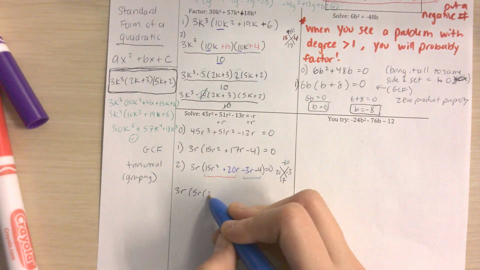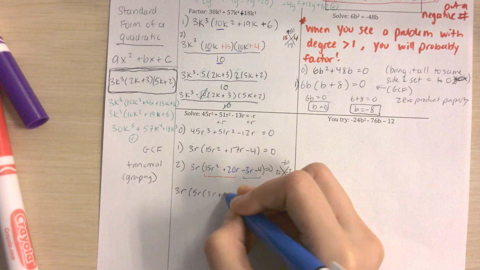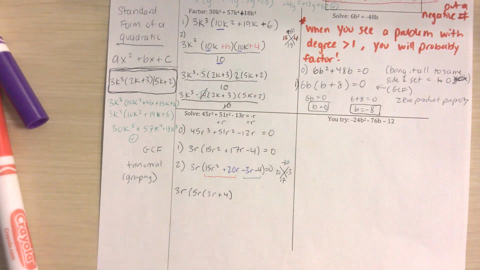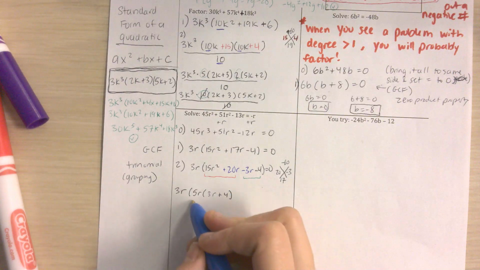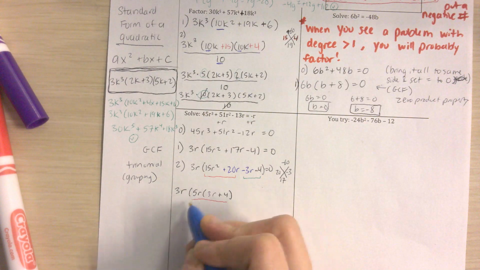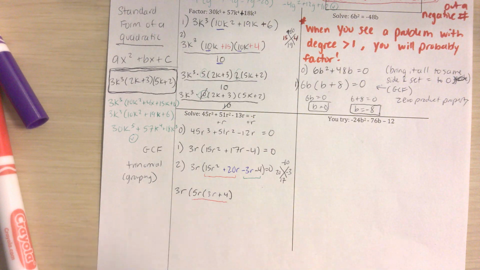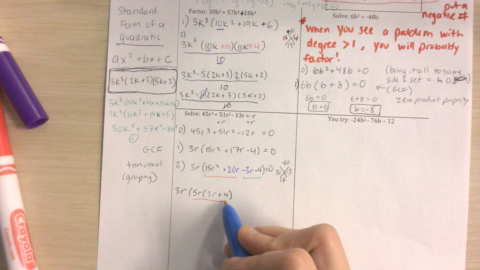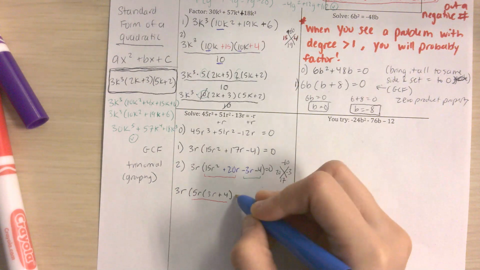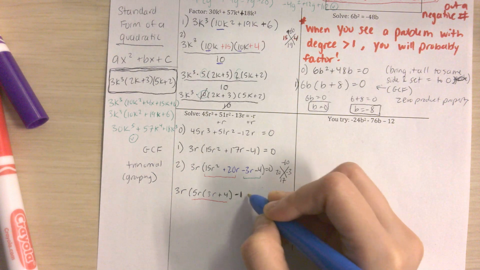We have 3r plus 4, right? All this looks super messy, but these two are the same thing. We just took out the greatest common factor of 5r. And then here, we want this 3r plus 4 to match, so we're going to take out a negative 1 as our greatest common factor.